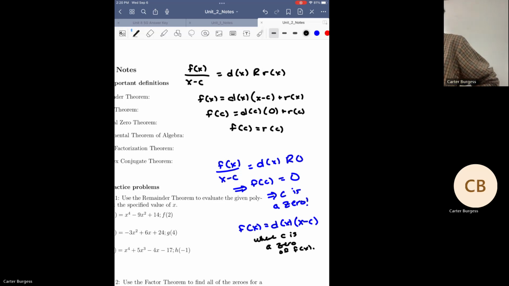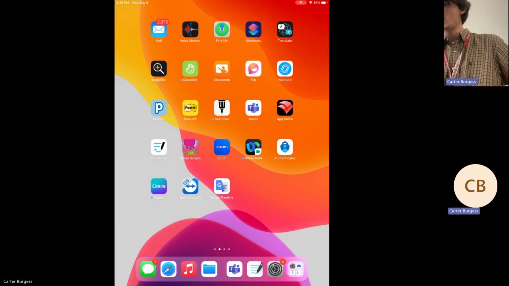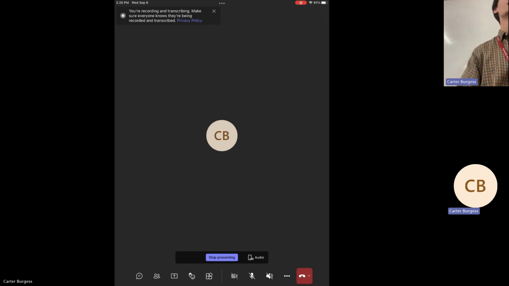Other questions? All right, we got about 10 minutes left. We have the 2.4, 2.5 with the factor theorem and the remainder theorem. You should be able to do through the rest of 2.4.